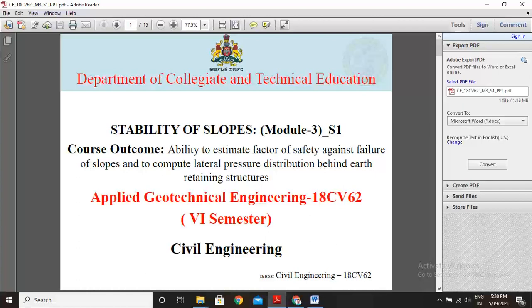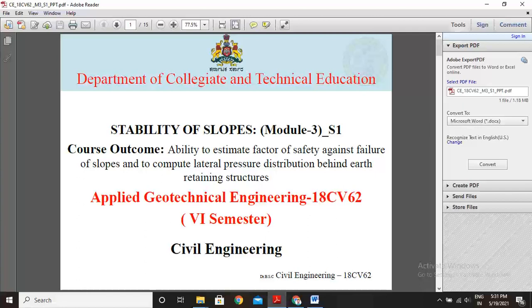The course outcome of Module 3 is given: ability to estimate factor of safety against failure of slopes and compute lateral pressure distribution behind earth retaining structures.